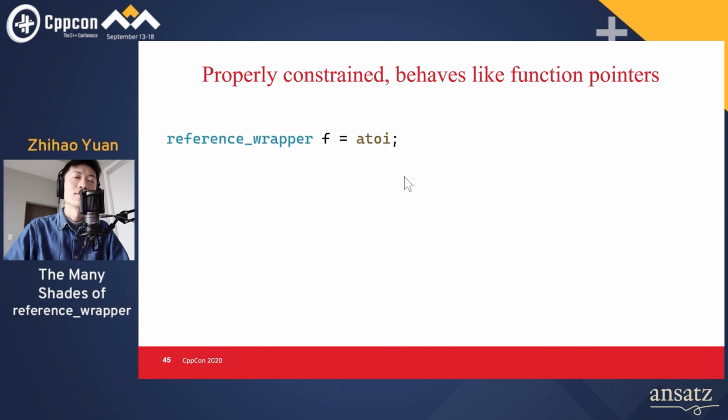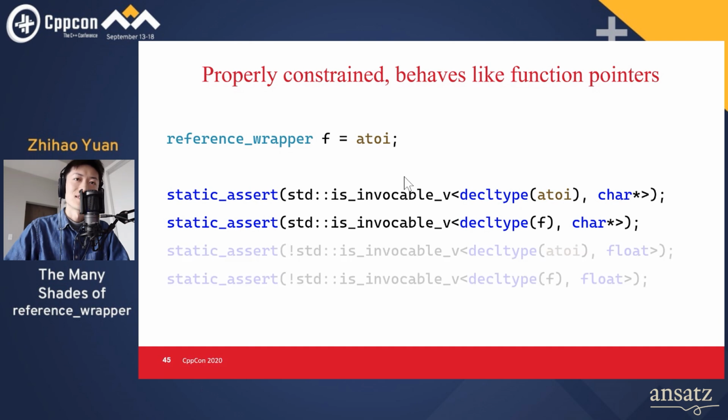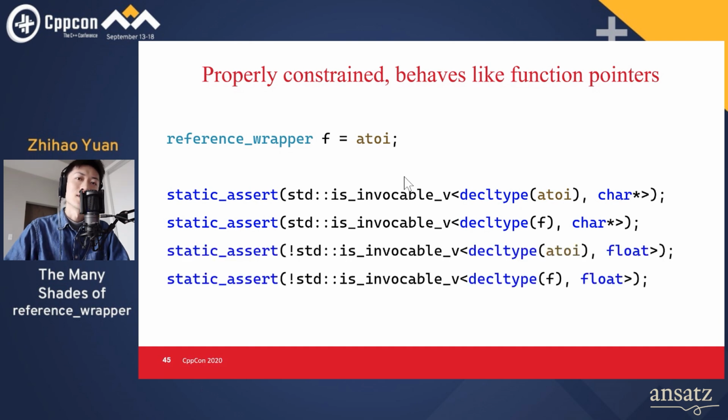So if you have some original function and a reference wrapper to that function, if you test is_invocable of the original function, given a set of argument types, if is_invocable answers yes, its reference wrapper also answers yes. If is_invocable answers no, reference wrapper answers no as well.